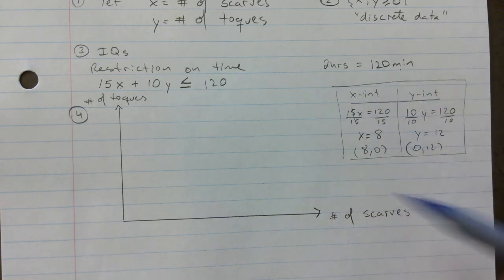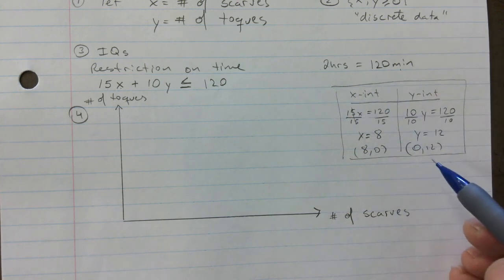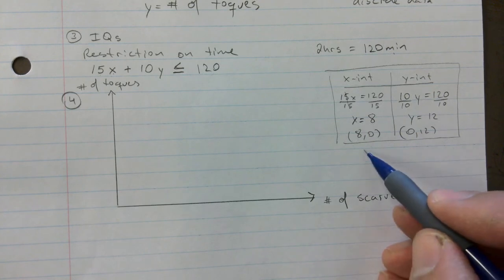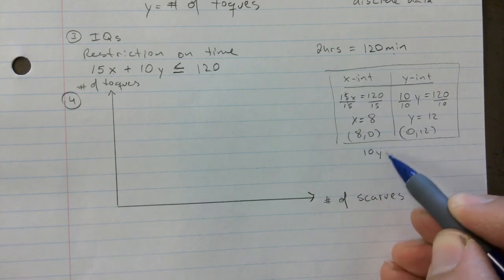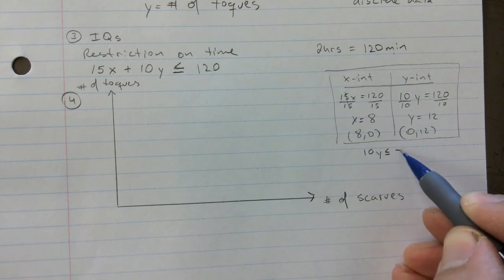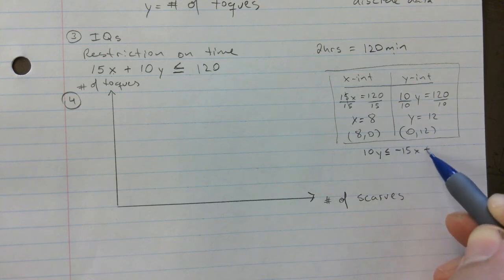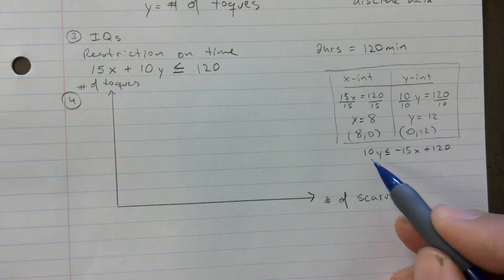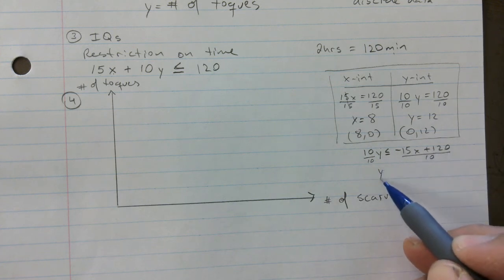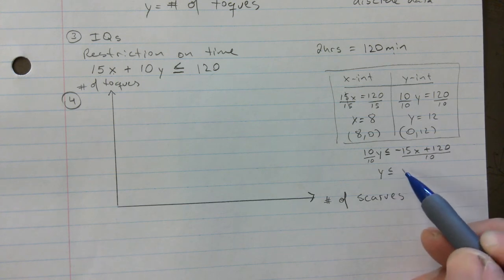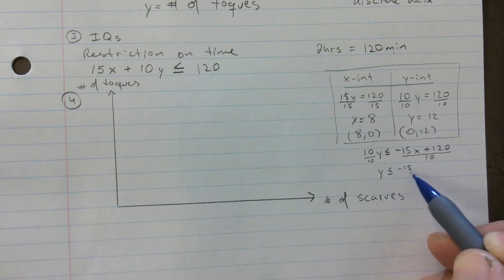So this step, you still continue to do that. And then rewrite it, because later on you're going to have to do that. So 10y is less than or equal to negative 15x plus 120. Divide everything by 10. Y is less than or equal to... You can leave it like that if you want.